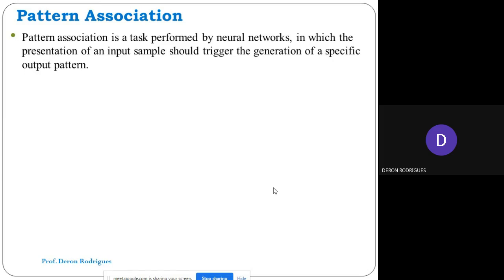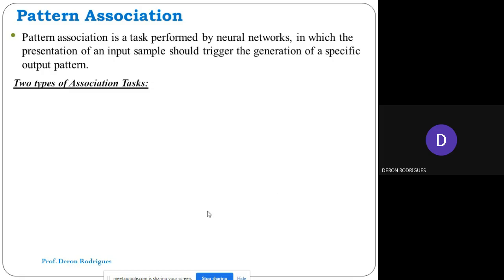I have already told you that pattern association is a task performed by neural networks in which, whenever you present an input sample, it should trigger a specific output pattern. So you give a particular input and you get a particular output.